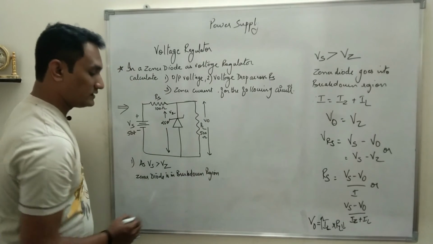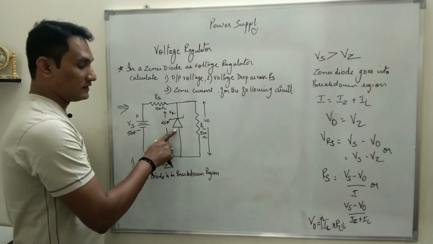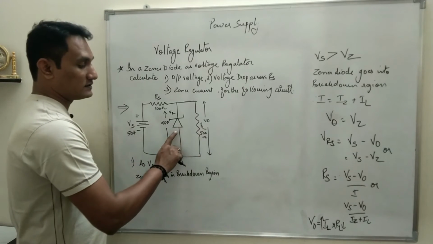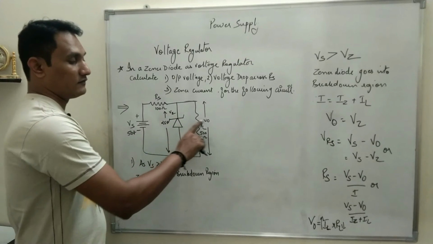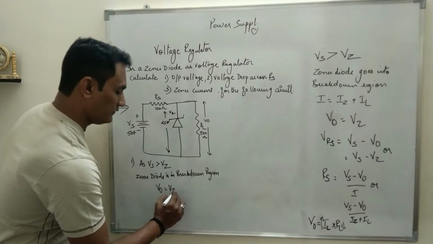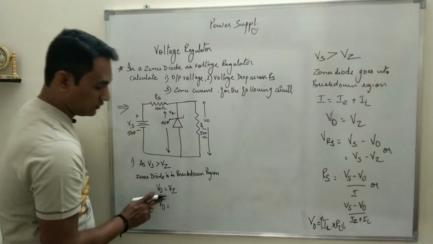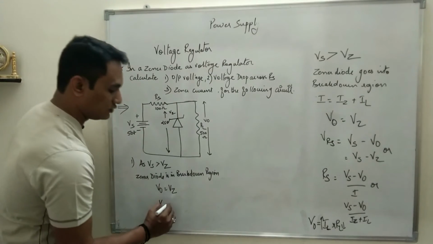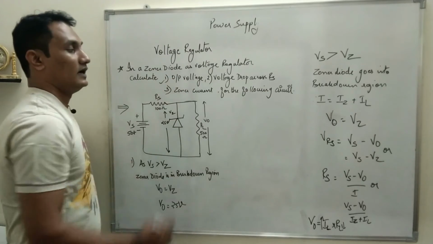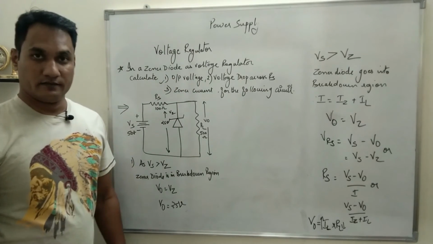And when the Zener diode is in breakdown region, the voltage across Zener will be constant. As Zener is connected in parallel to the load resistance, the voltage across Zener will be the voltage across output. So V0 is equal to Vz. What is Vz? Vz is 25 volt. So we got the first answer, the output voltage.